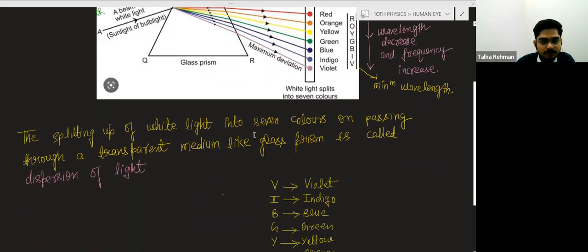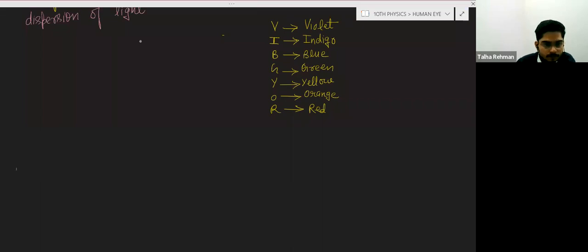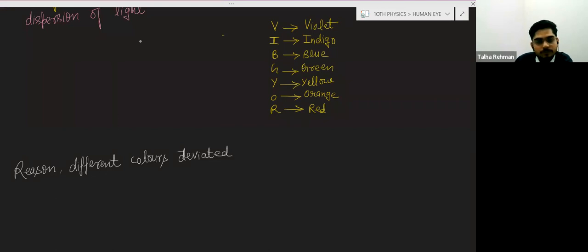So we can write the reason here. Reason: different colors are deviated differently, to different angles of deviation.